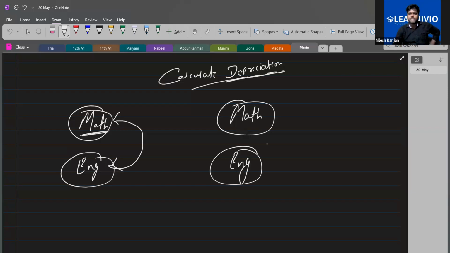Why can we do this? Because the student is the same. We are comparing his performance in mathematics and English. So this is how a comparison should be. If the student is common, we can take different subjects. But if the student is different, then we have to take a common subject.